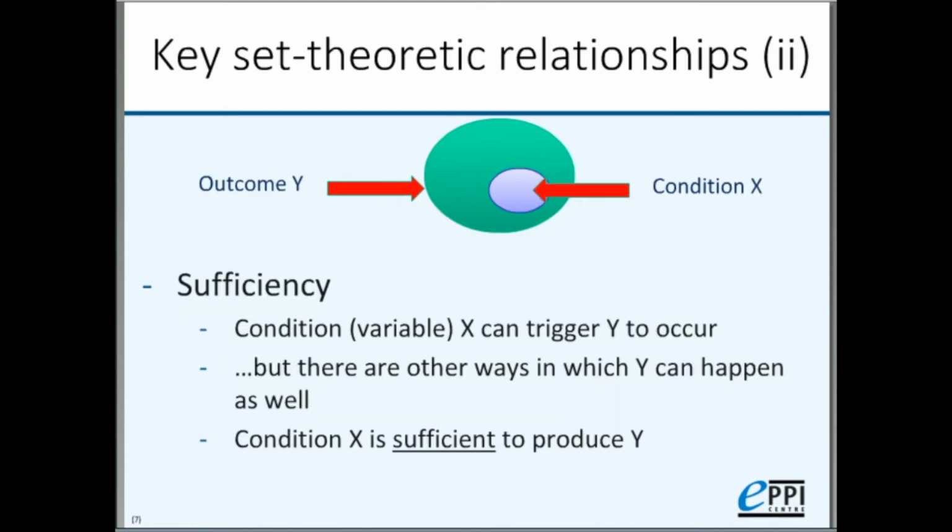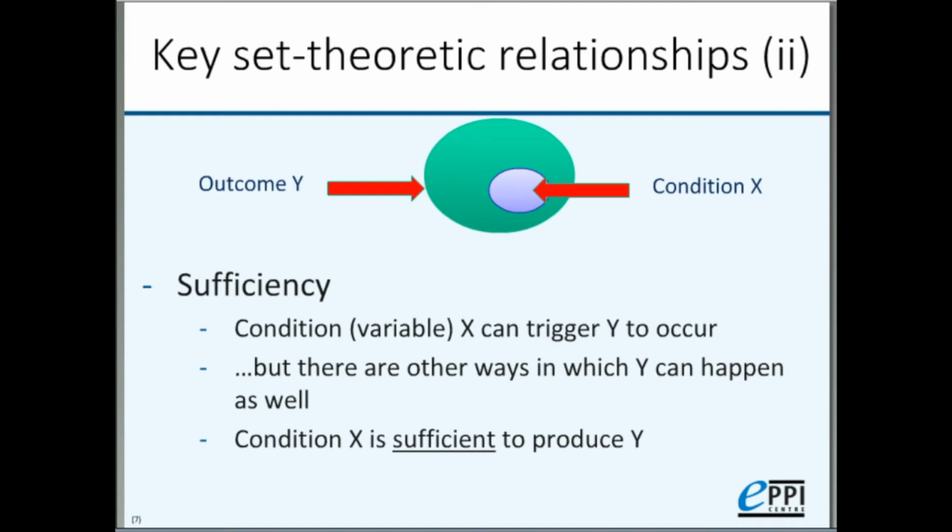The second key set theoretic relationship that we have to be aware of within QCA is sufficiency. So within sufficiency, what we're thinking of is that when we observe a condition, it does trigger that outcome, but we're also aware that that condition is not the only pathway to that outcome.